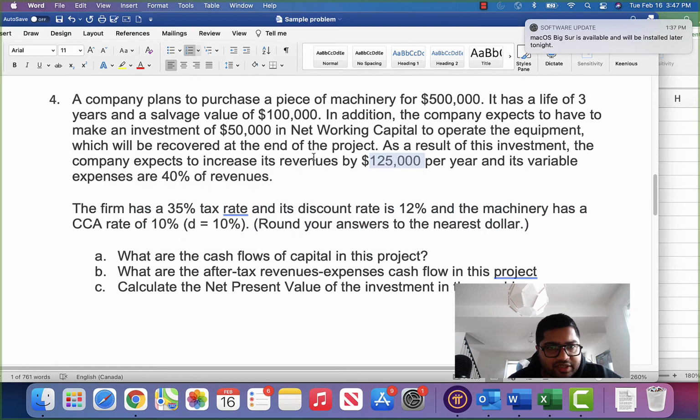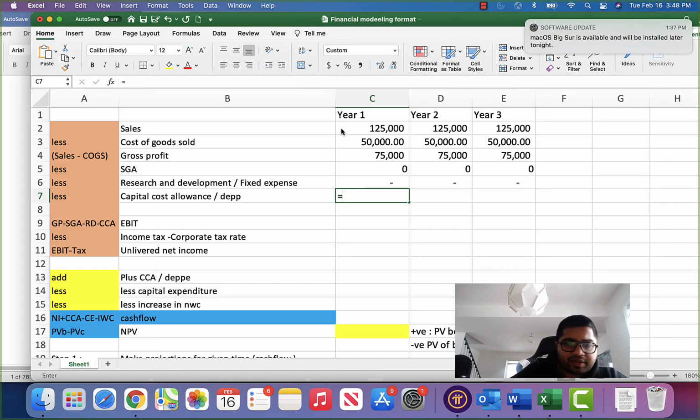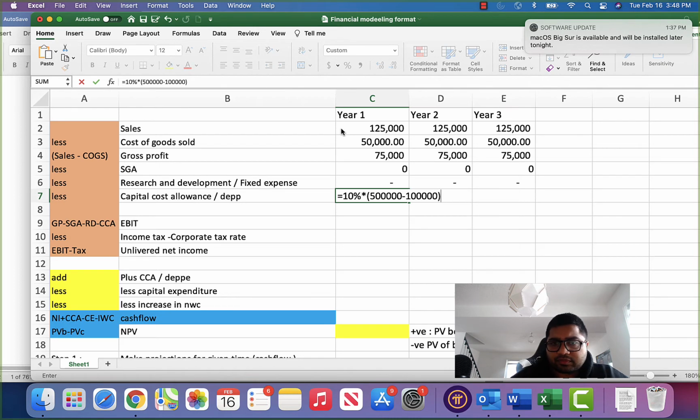Depreciation we have to figure out. So the depreciation rate is 10%. The piece of machinery is 500,000 and the salvage value is 100,000. So it will be 10% of 500,000 minus 100,000.